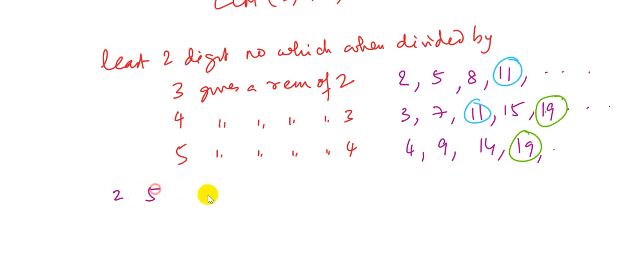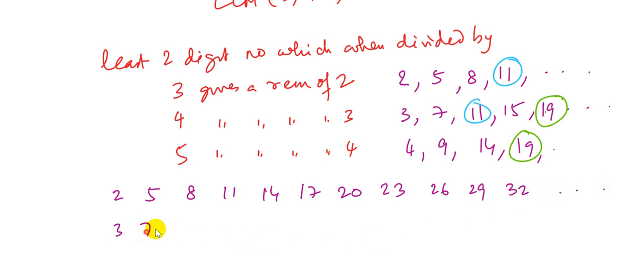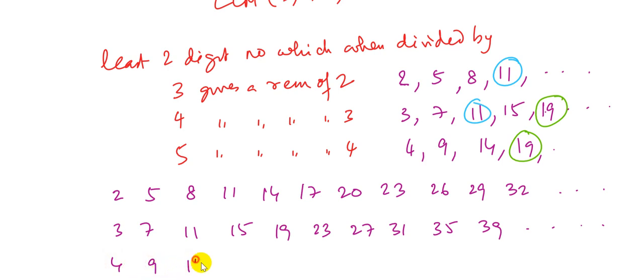So, let us expand these series. 2, 5, 8, 11, 14, 17, 20, 23, and then 26, 29, 32, etc. Then I have 3, 7, 11, 15, 19, and then 23, 27, 31, 35, 39, etc. And then I have 4, 9, 14, 19, 24, 29, 34, 39, etc. So now if I start identifying the numbers which are common: the first number common between the first and the second is 11.